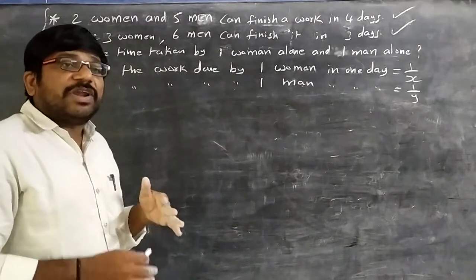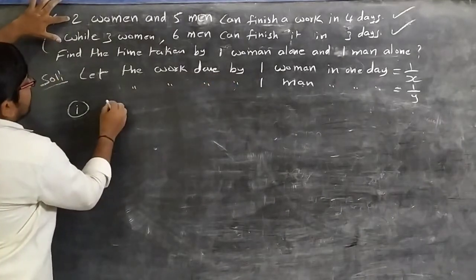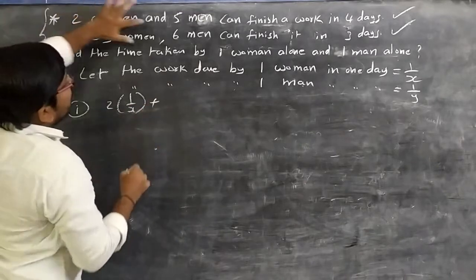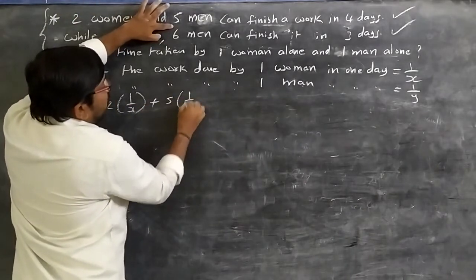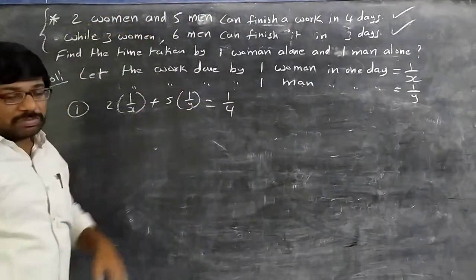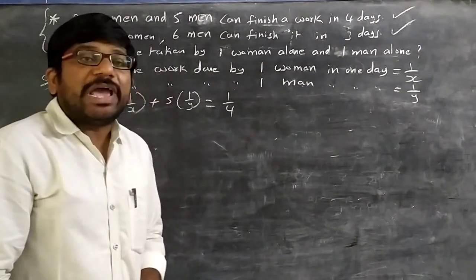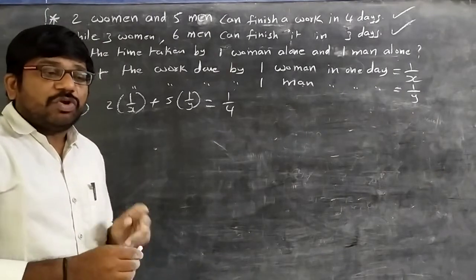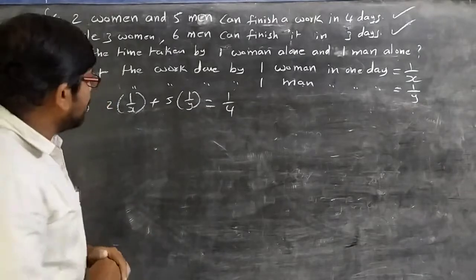One woman in one day is 1 by x, so 2 into 1 by x plus 5 into 1 by y is equal to, in one day portion, 1 by 4. Here the total is 4 days, so in one day it means 1 by 4. So it is very important. We should convert into one day portion.